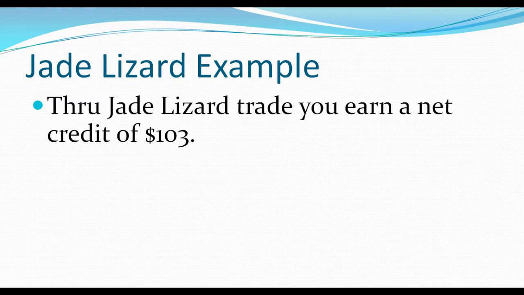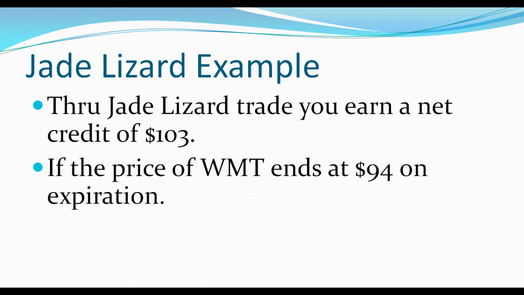And through Jade Lizard, you earn a net credit of $103. Now this income is really important because it will act as a benchmark to waive off losses. If the price of WMT ends at 94 on expiration, now 94 is near your 95 call.